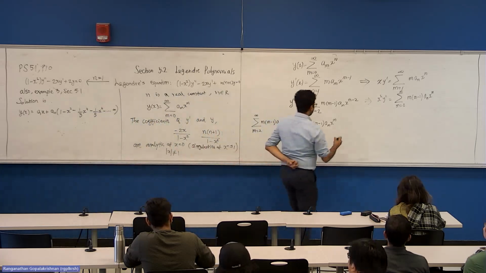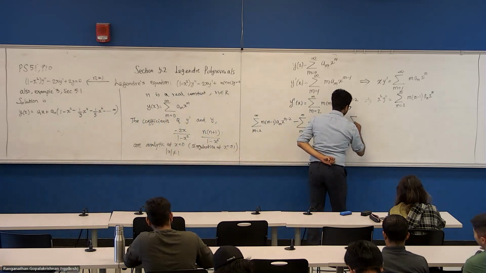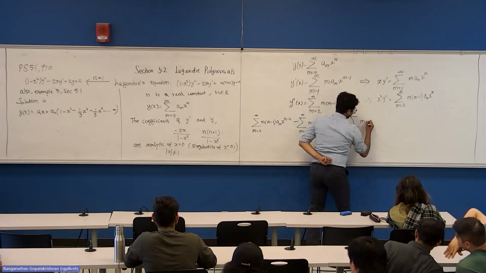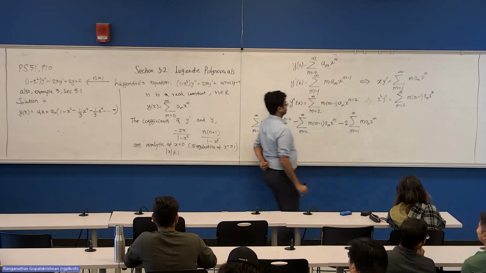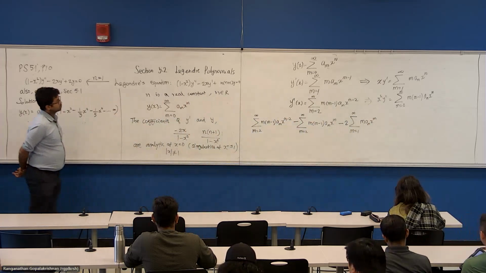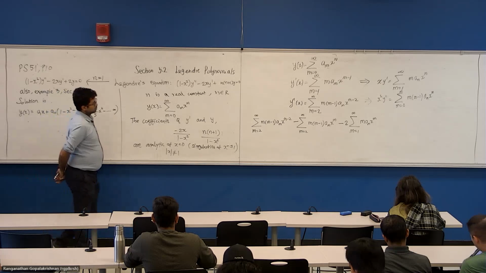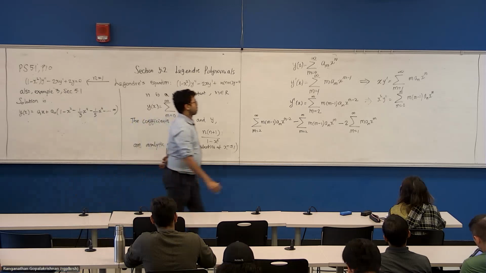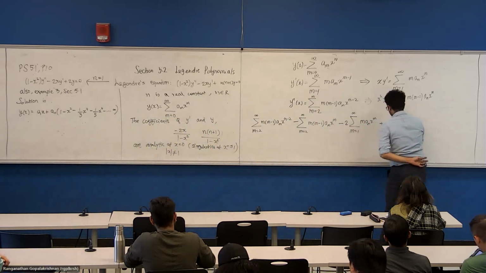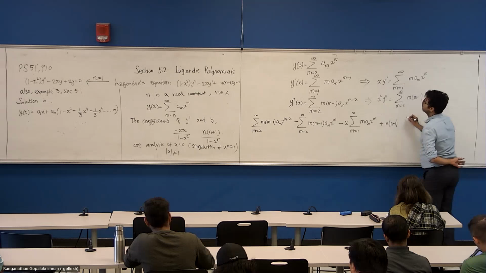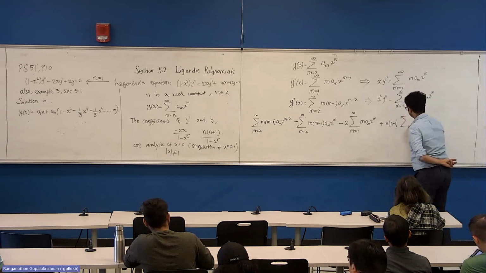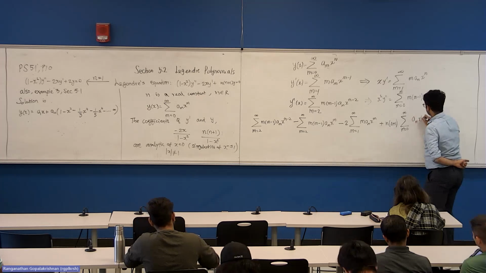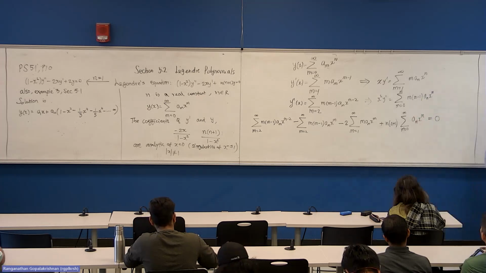And then I have minus 2xy prime, minus 2 summation m equals 1 to infinity m a_m x power m, plus n times n plus 1 multiplied by y, which is summation m equal to 0 to infinity a_m x power m, and this is equal to 0.